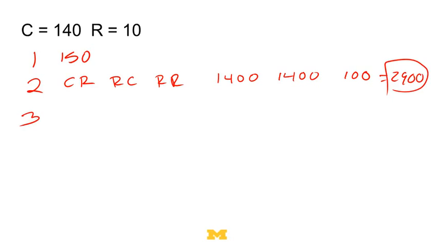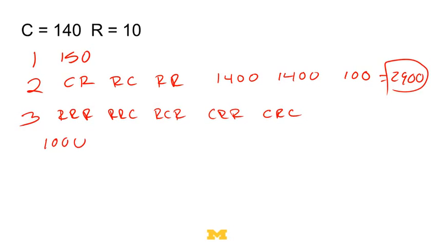What about 3 neighbors? Well, here I've got random, random, random; random, random, clique; random, clique, random; and clique, random, random; and then clique, random, clique. Those are all the possibilities. So if I do this, I'm going to get 10 times 10 times 10, which is 1,000. I'm going to get 10 times 10 times 140, which is going to be 14,000. That's a lot. I'm going to get another random clique random, so that's another 14,000. And I've got this, which is another 14,000.